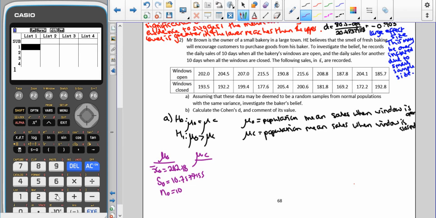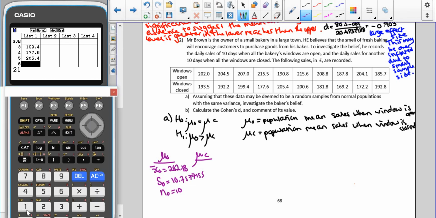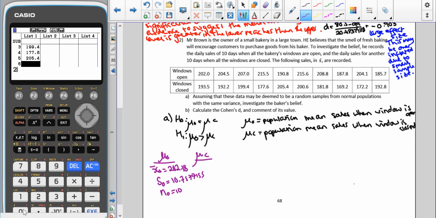So we're going to have 193.5, 192.2, 199.4, 177.6, 205.4, 200.6, 181.8, 169.2, 172.2 and 192.8.